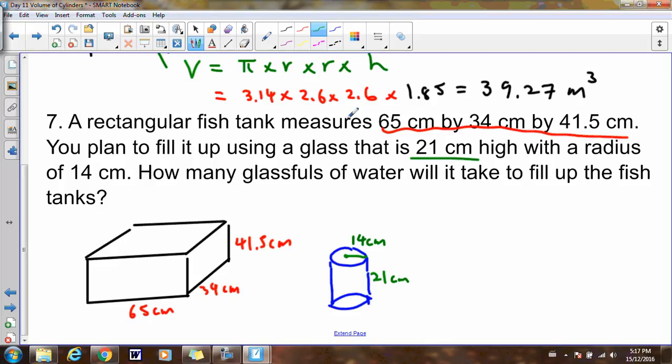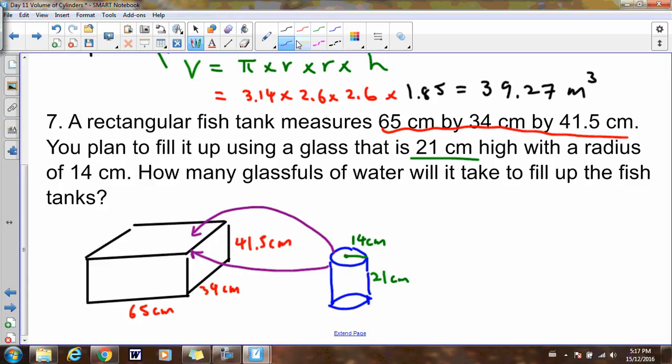Okay? And basically what they're asking us is how many cups of water do you need to fill the entire fish tank? Like how many times can you pour water into the fish tank to fill the tank, right?